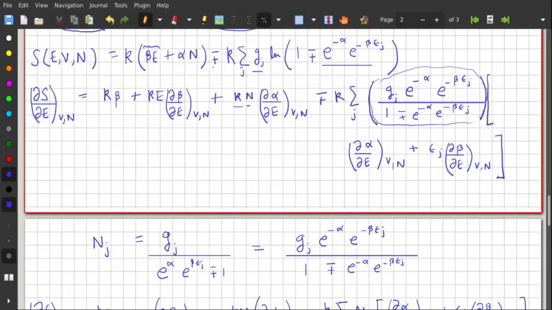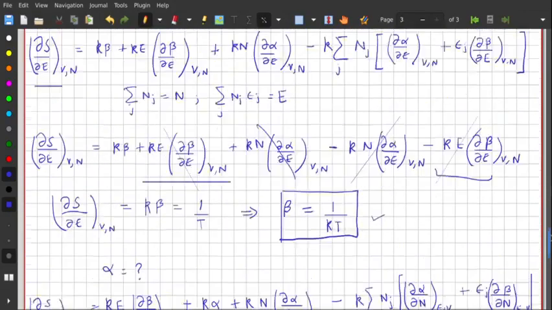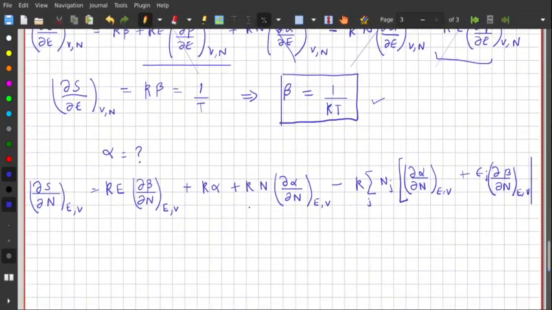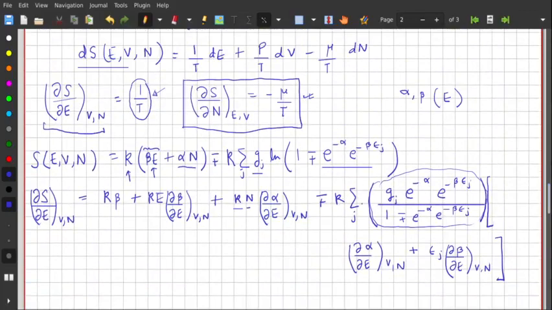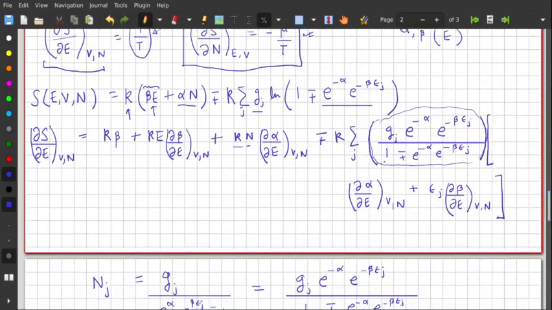So we have k E times partial beta partial N. That is kE, the Boltzmann constant times the total energy, which is constant, multiplied by partial beta partial N. Plus, now we need to differentiate with respect to N, and alpha is also a function of N, so we have to use the product rule, and hence we will have two terms: k alpha plus k N partial alpha partial N. Minus k and sum over j, and this term, we later realized, was the equilibrium particle distribution, which is N_j.